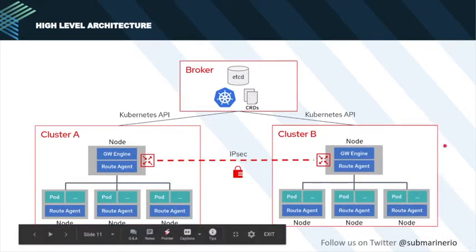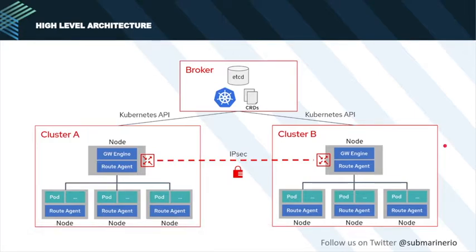So this is a typical Submariner scenario, and in this case, we have two clusters, cluster A and cluster B. Then we have the broker, which is just a Kubernetes cluster that we use as our central data store to share information about clusters, endpoints for connectivity with IPsec, WireGuard, whatever, and information for service discovery and so on.